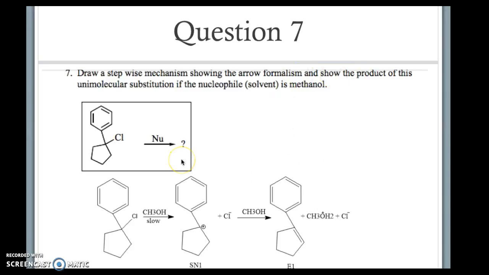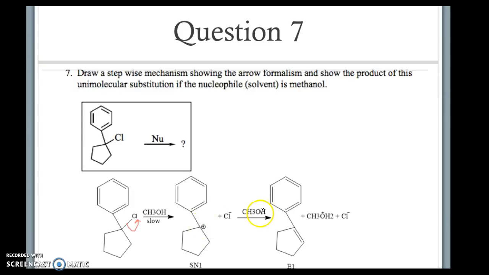So what will happen is that the chlorine will cleave off, which is a slow mechanism, leaving our carbon cation right here.